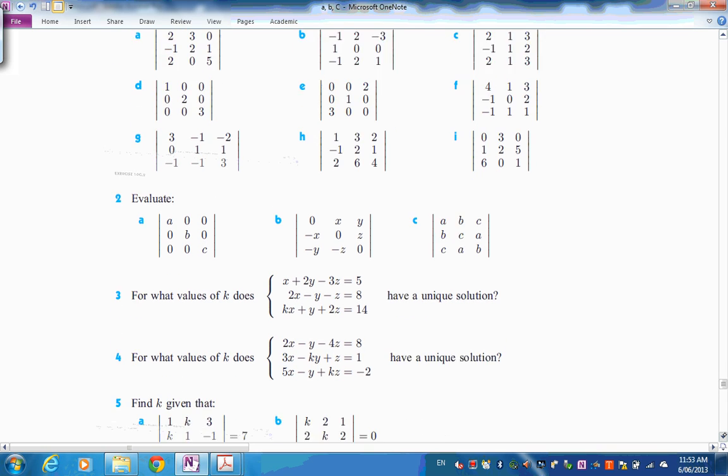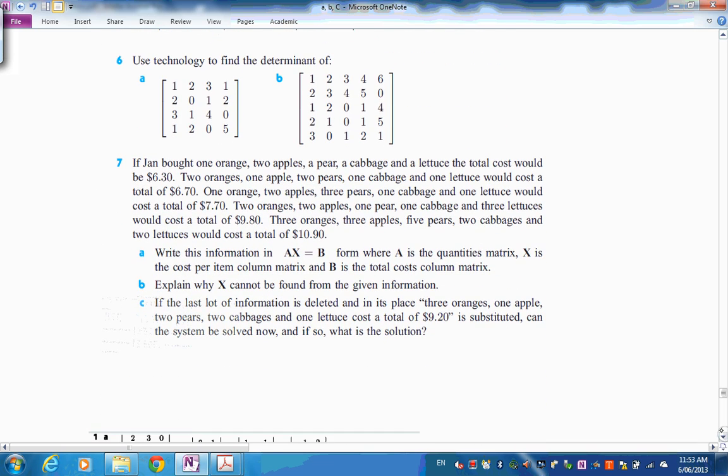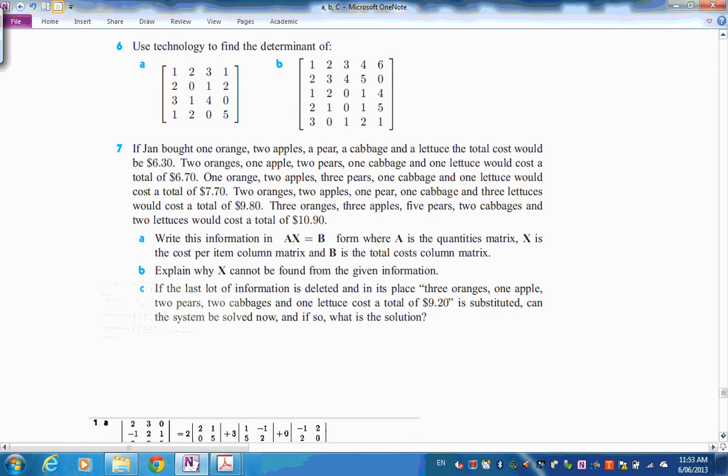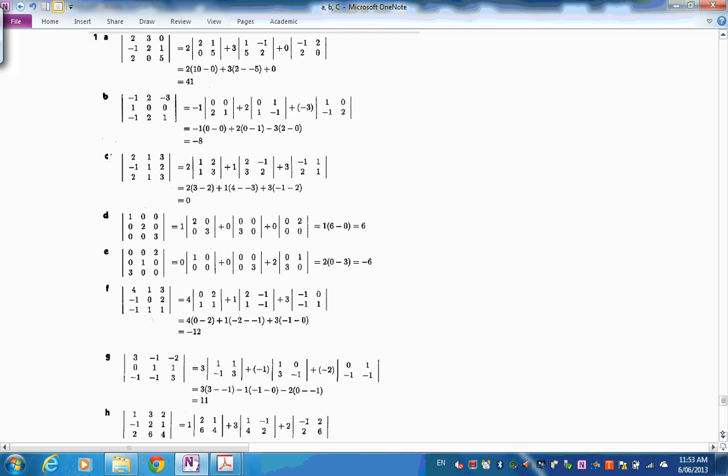Let's go down to a few more, down to question 6. And then question 7. And let's have a look at some answers. If we can get all of question 1 on there.